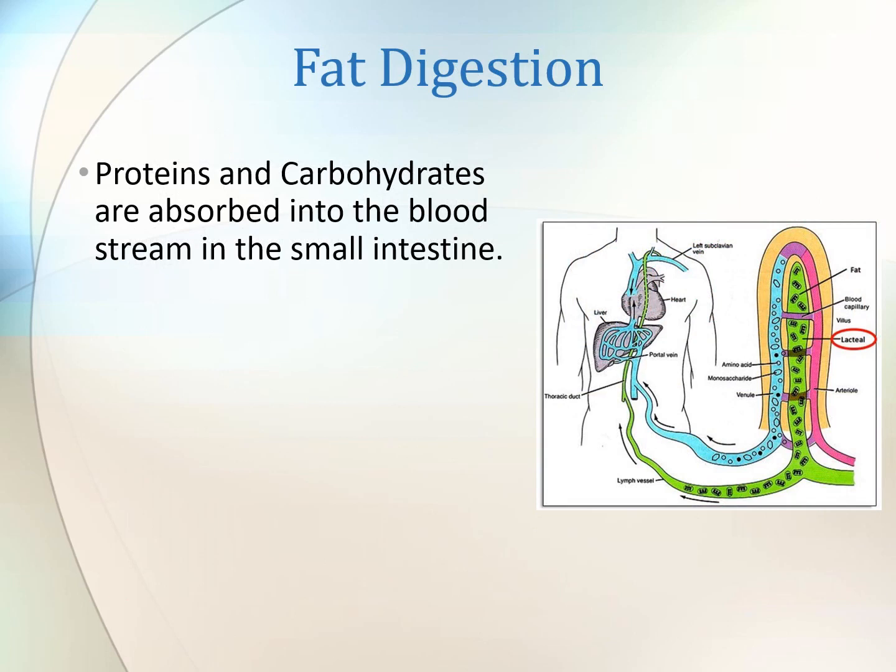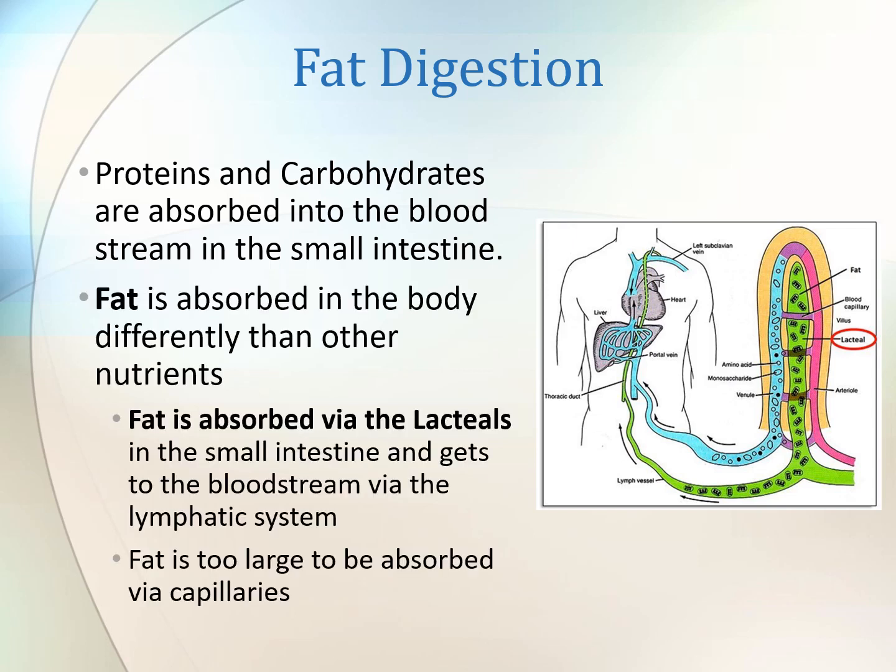So here's just a schematic of the difference between protein and carb absorption versus fat absorption. So when we talk about protein and carbs, they're going to just go through the bloodstream. They're going to be picked up by the venous system, and they're going to go through the liver, through that hepatic portal system before returning to the heart.